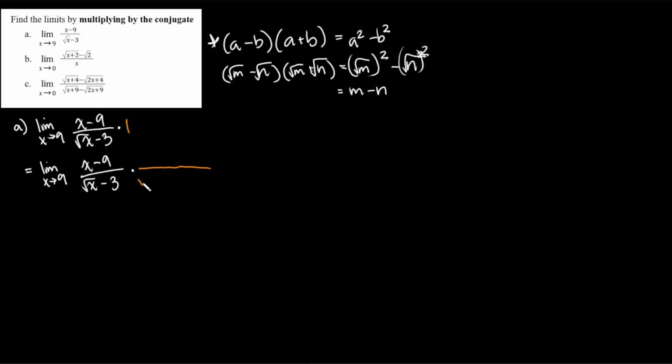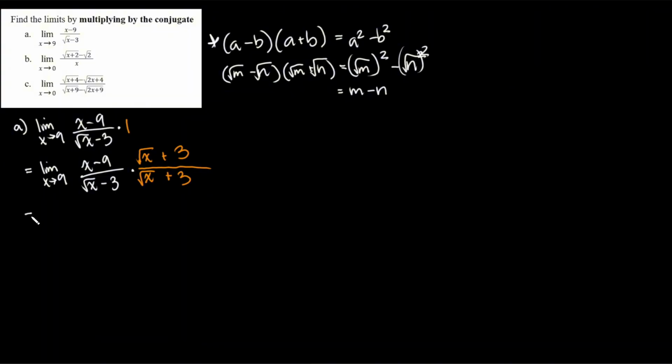Instead of the square root of x minus 3, we can multiply by the square root of x plus 3. And if we remember up here, this will just simplify our problem. Do you see how this is a form of 1? Remember, anything divided by itself will always equal 1. And so this is valid.